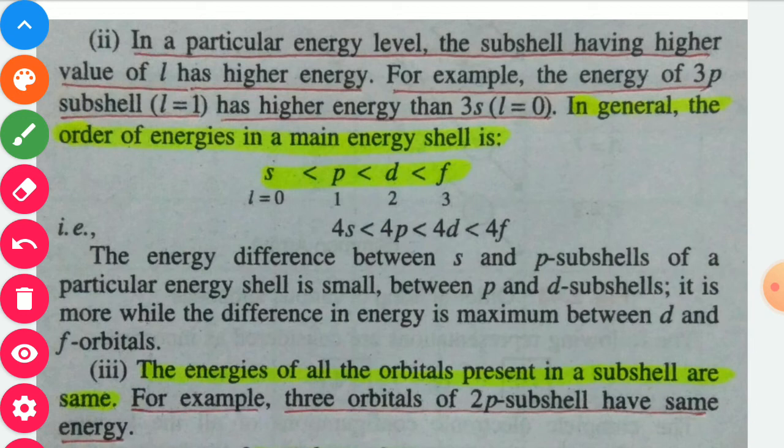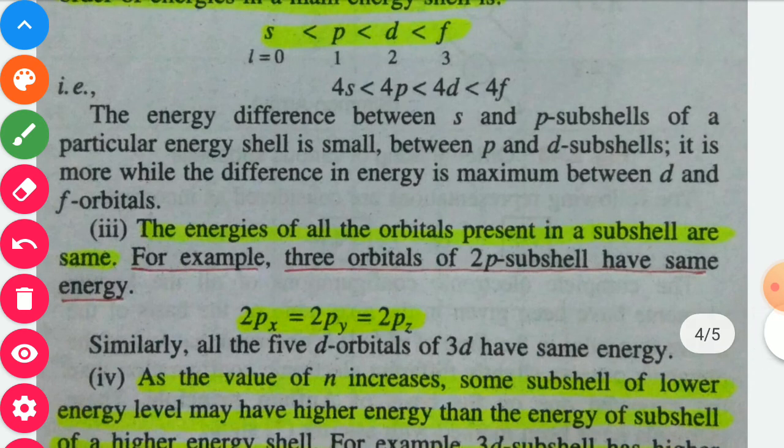But the energy difference between 4p and 4d will be somewhat more than between 4s and 4p. Similarly, the energy difference between 4d and 4f will be more than between 4p and 4d as well as 4s and 4p.